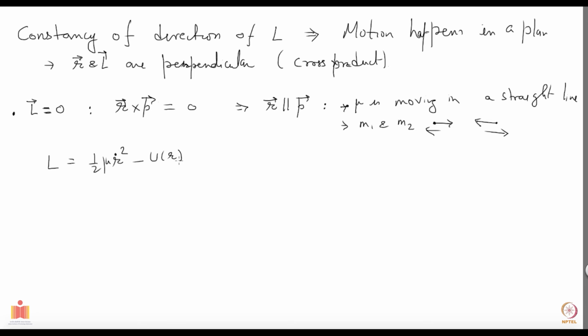That's the choice we can make without any loss of generality. So choose the z-axis to be along L, and the motion then happens in the xy plane.